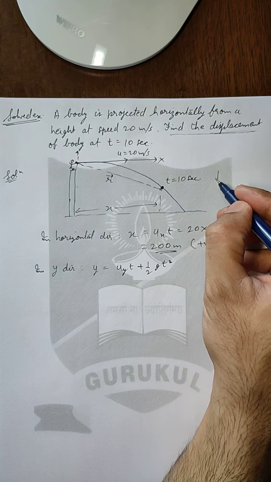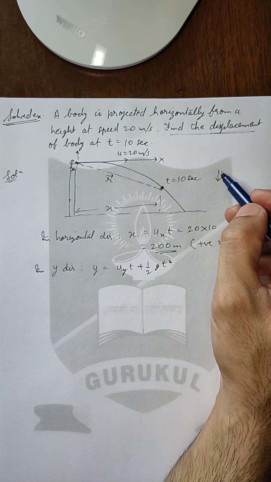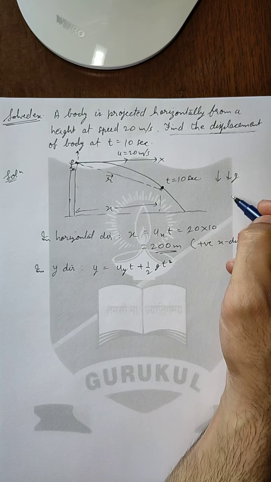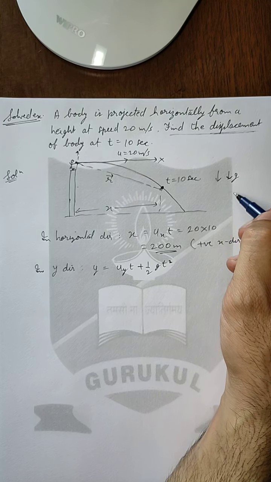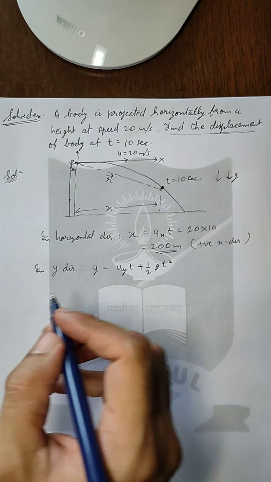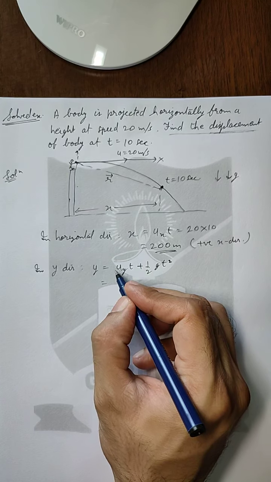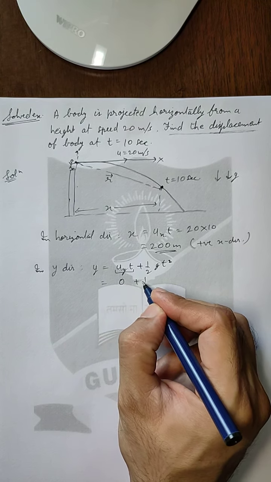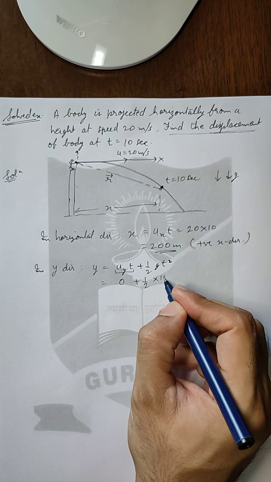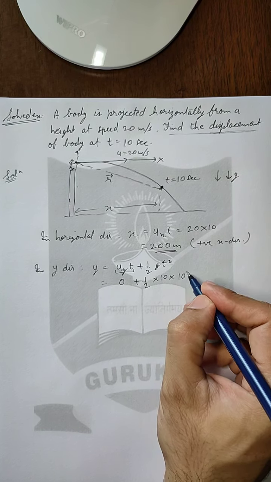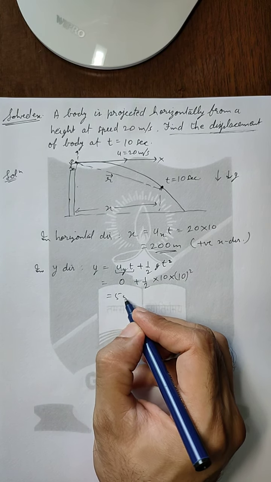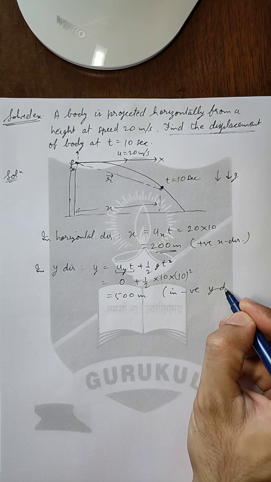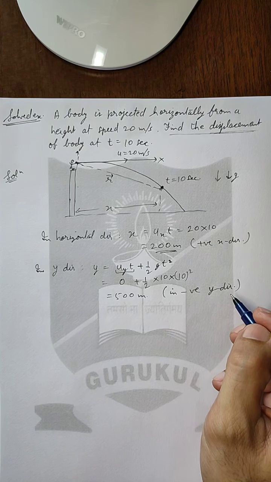Because the displacement is in downward direction as far as the y-axis is concerned, and the acceleration g is also in downward direction. So that means we are going to take g as positive. The first term will be equal to 0 because there is no initial velocity in y direction. So this is 0 plus half g, which can be taken as 10, and t is 10 square. So this will come out to be 500 meter in negative y direction.